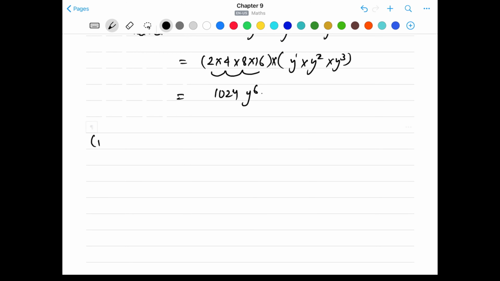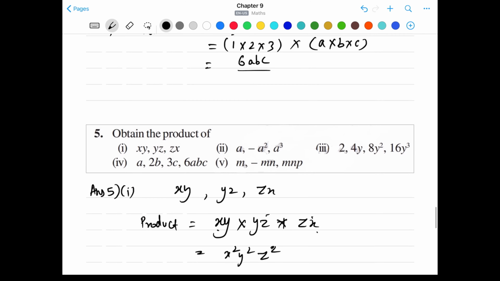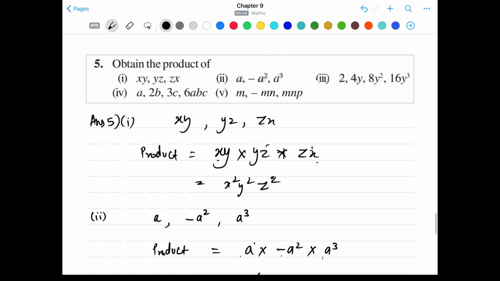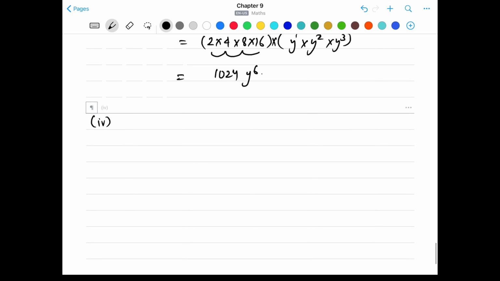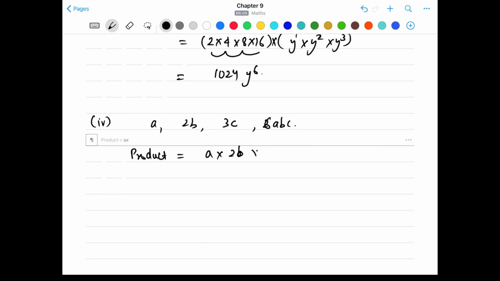Let's see the next one, part 4. Here we have a into 2b into 3c into 6abc. So the product here will be a into 2b into 3c into 6abc.